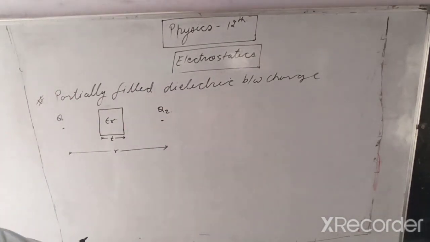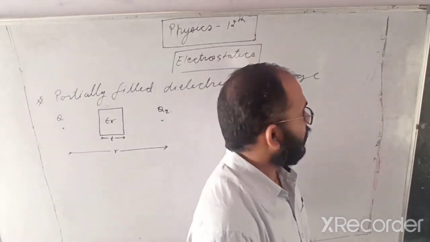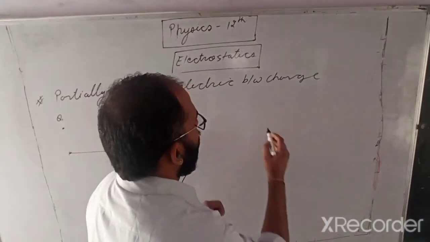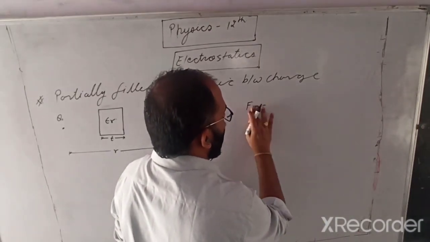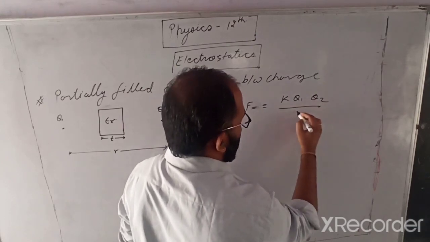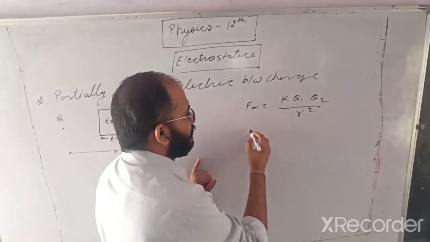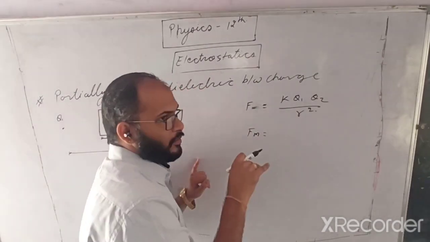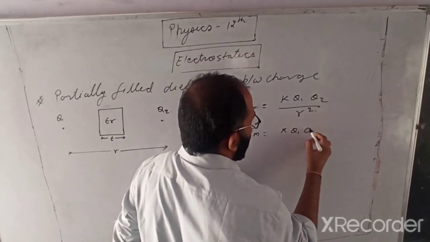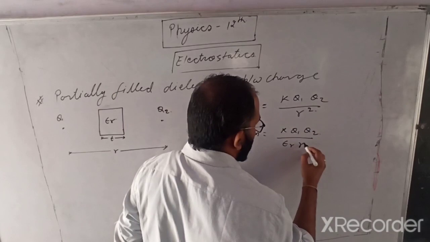Now we have studied the partially filled dielectric between the charges. First, what we defined was the force in free space, which is K Q1 Q2 upon R square. Is that clear? And second, when the medium is completely filled, ठीक है, then the force is K Q1 Q2 upon epsilon r into R square.